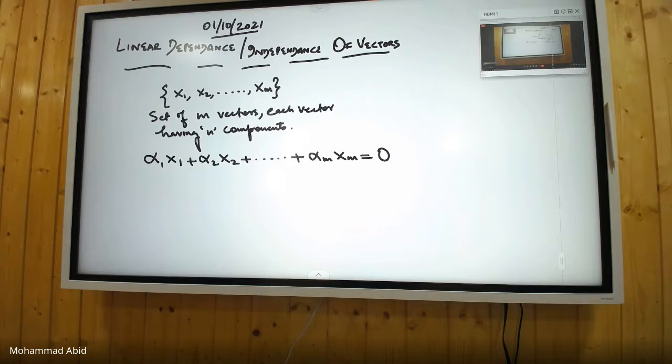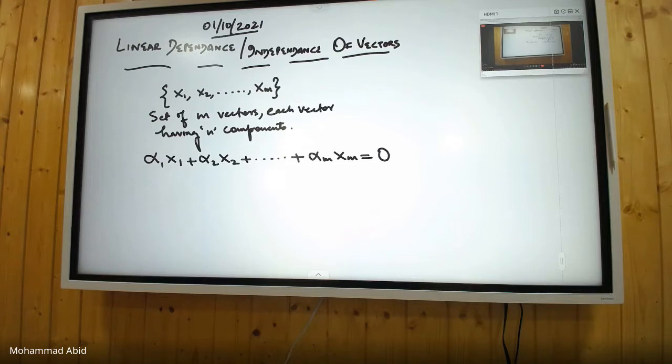Now, if you have a set of m vectors, each having m components, it is easy to check the set for linear dependence or independence. We create a matrix whose columns or rows are these vectors. That matrix comes out to be a square matrix, so we can obtain its determinant and say whether the set of vectors is dependent or independent.